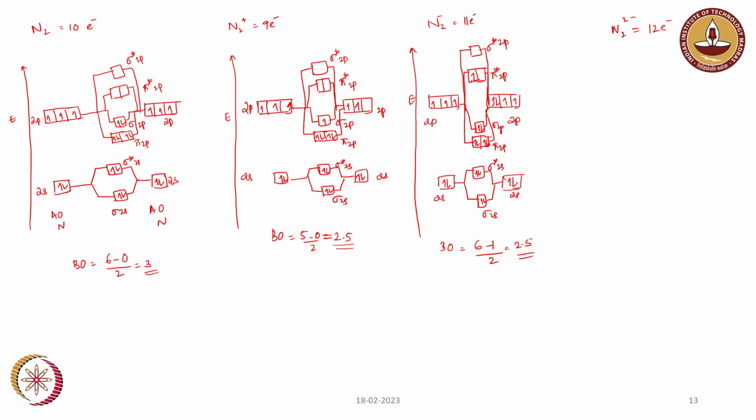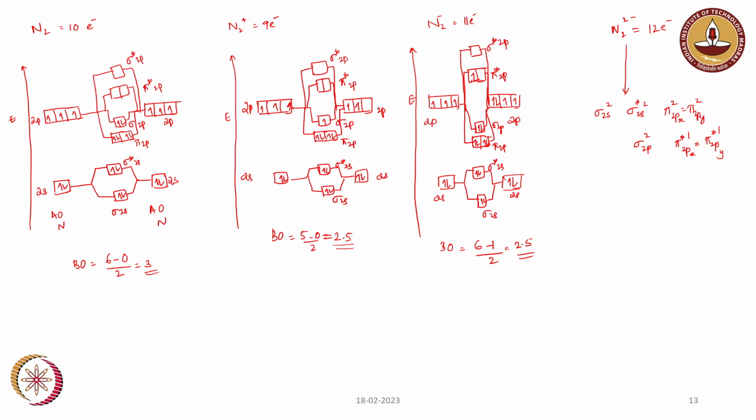The order of molecular orbitals will be similar: sigma 2s2, sigma star 2s2, pi 2p with 2 electrons each, then sigma 2p with 2 electrons, and in pi star 1 electron each.